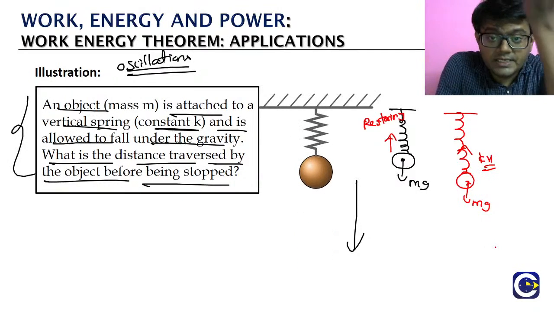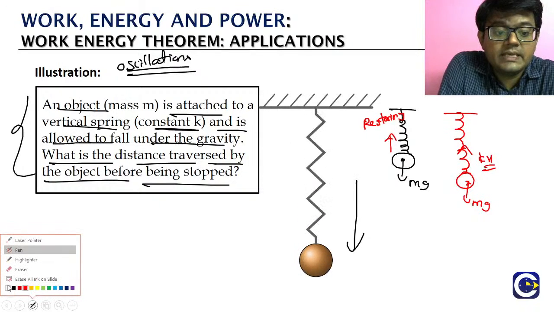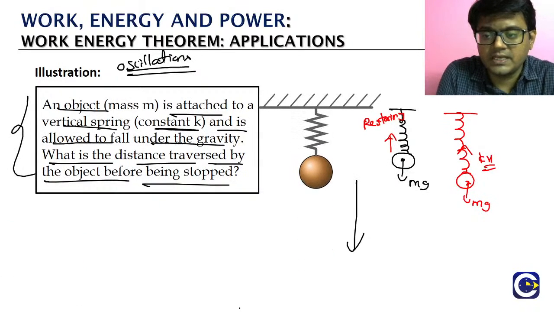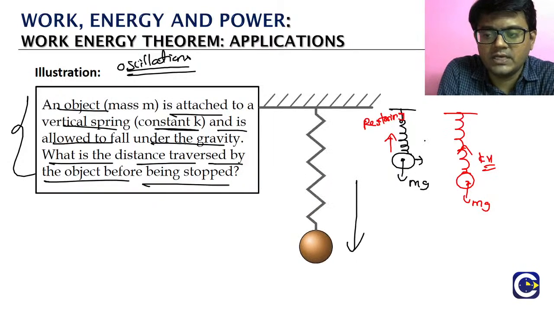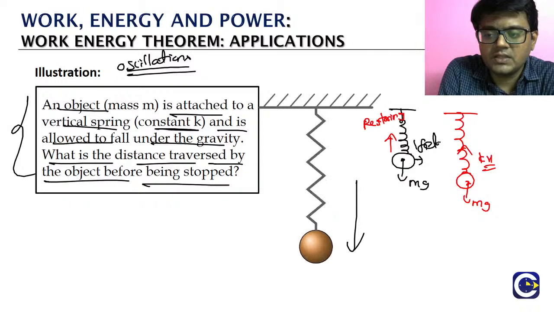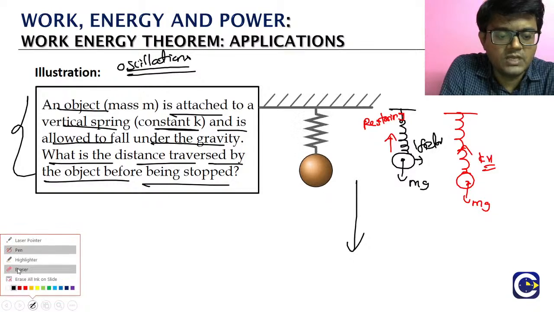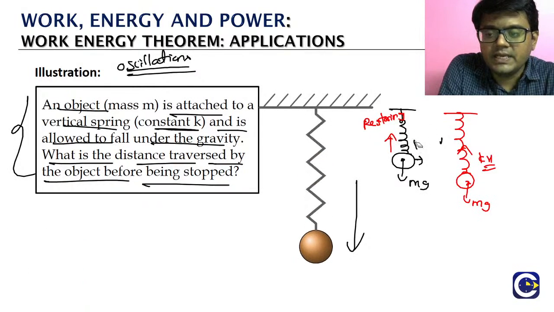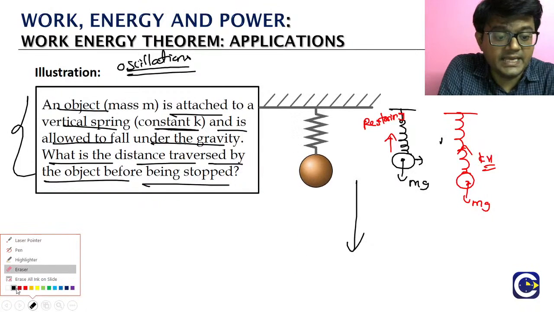Because it is already coming down with some acceleration, right? Means it will be gaining some velocity. At the initial point when we release it, what is the velocity? 0. From there, when it is coming down, it will be gaining some velocity.